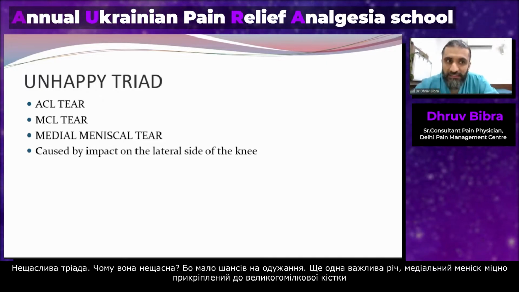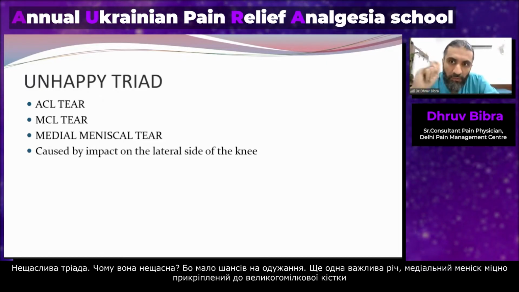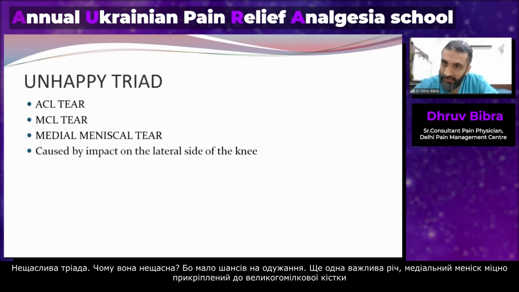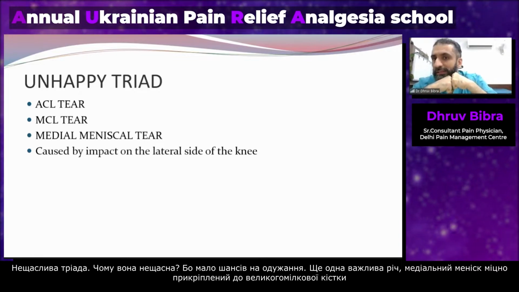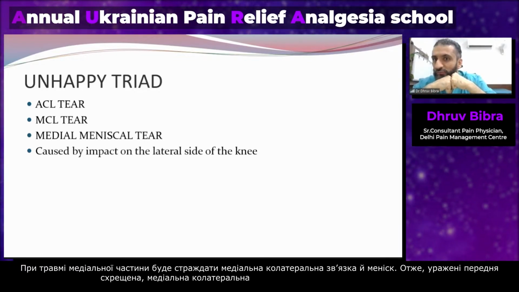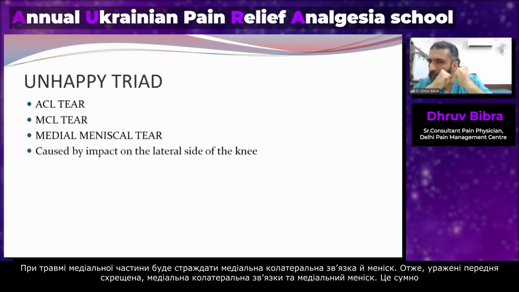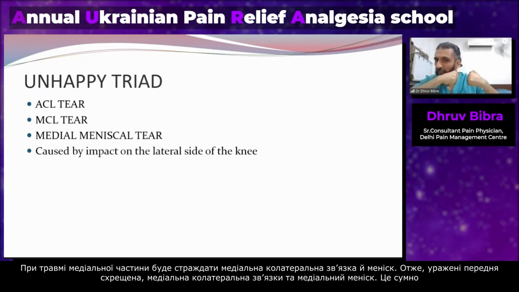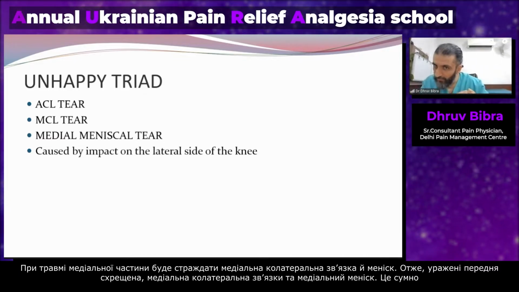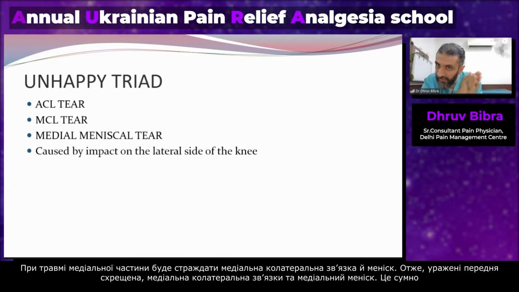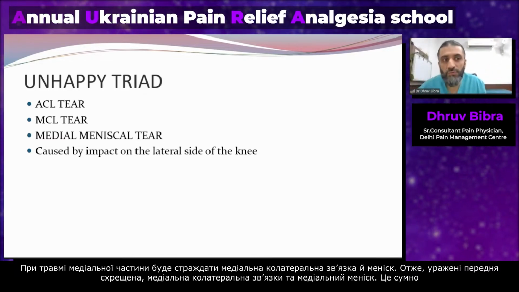Now one more important thing is when we talk about menisci, the medial menisci is tightly attached to the tibia, because of which there is hardly any movement of the tibia. So whenever there is an injury on the medial aspect, along with the MCL, the medial collateral will also go.